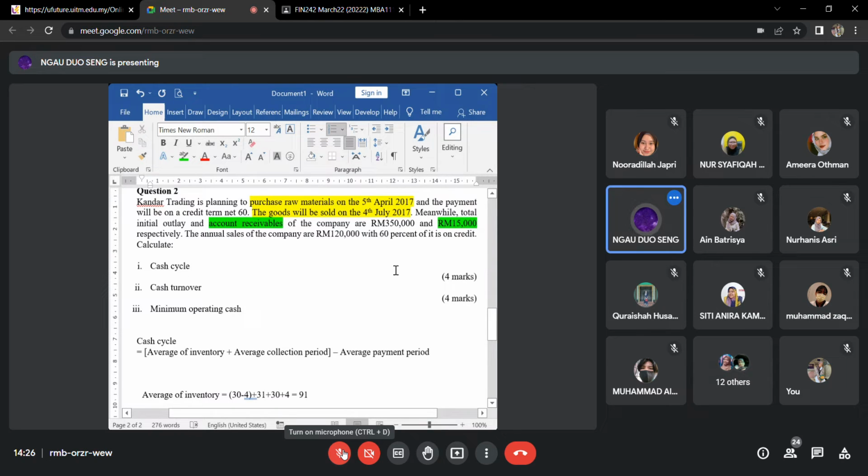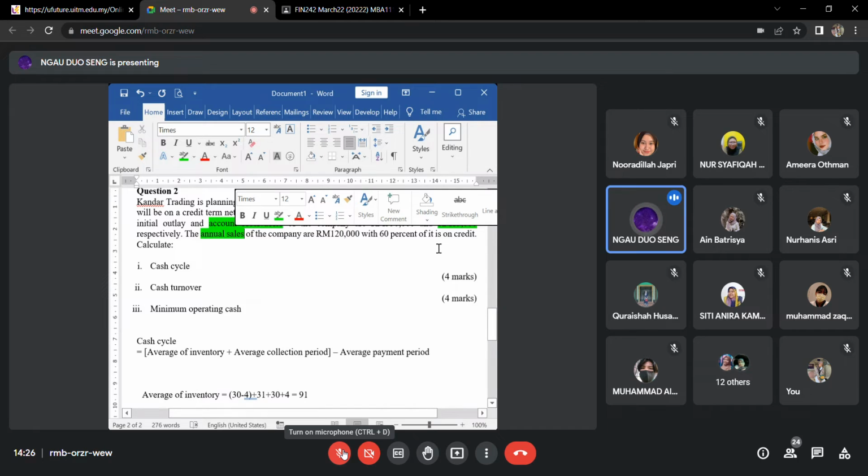And then how much is the sales? Here, the annual sales. Annual sales of the company are 120 with 60% on credit. So we refer to credit sales, right?